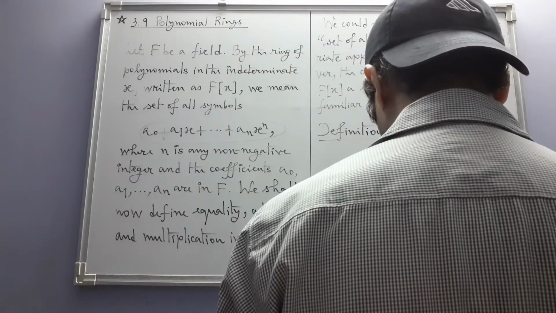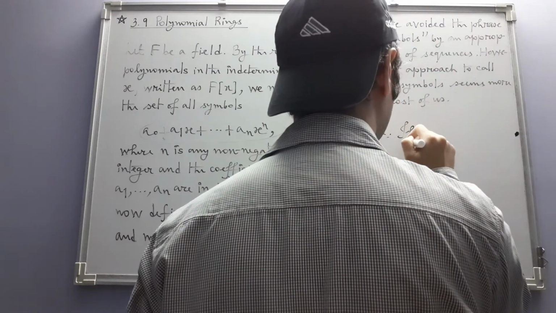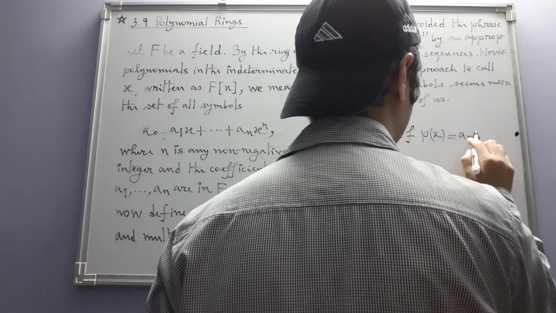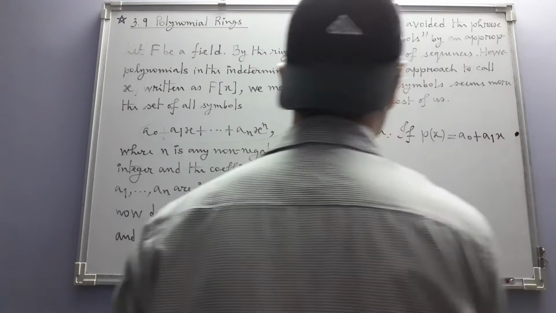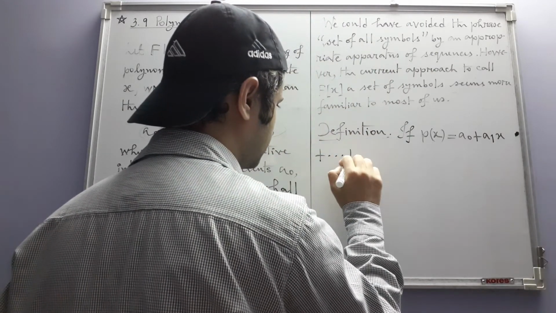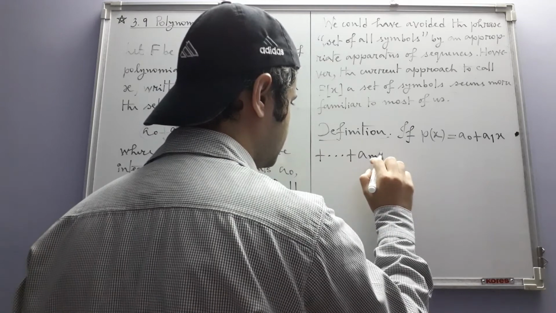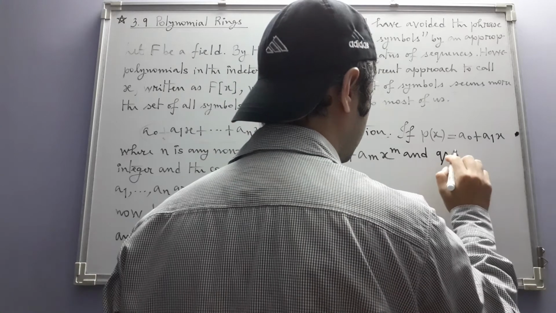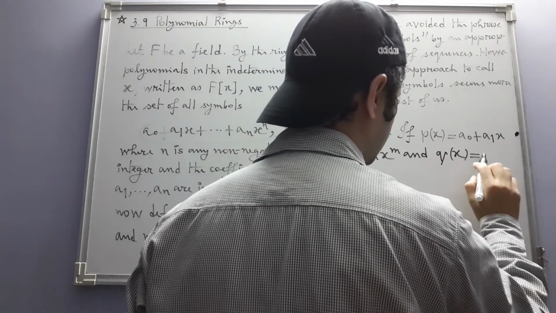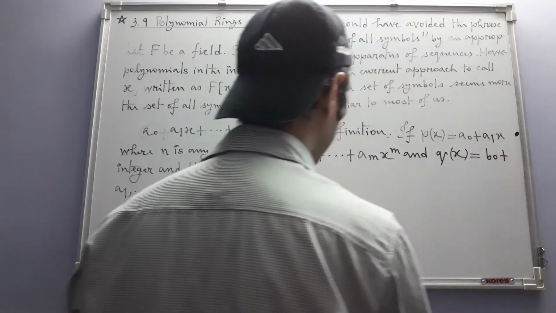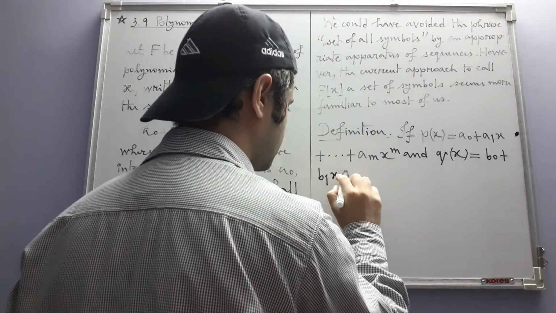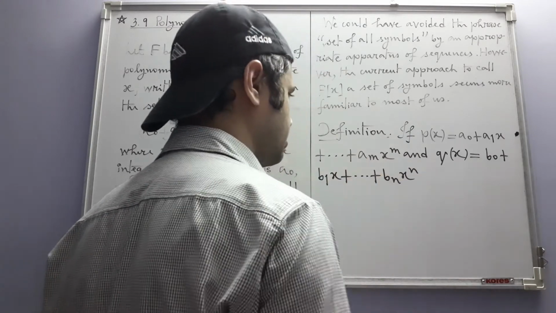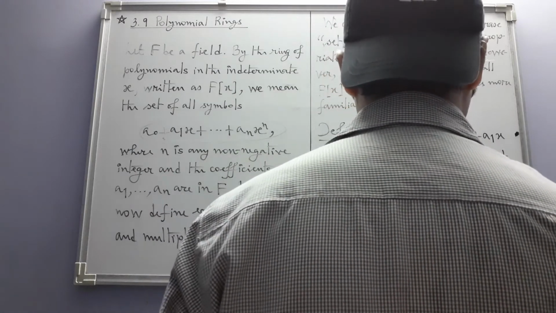And the definition has been given like this: if p(x) equals a0 plus a1x plus etc. amx to the power m, and q(x) is equal to b0 plus b1x etc. bnx to the power n are elements in F[x].